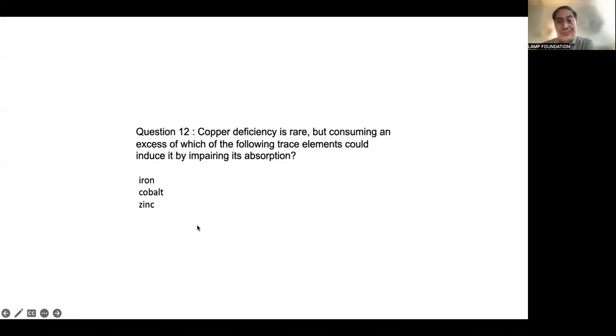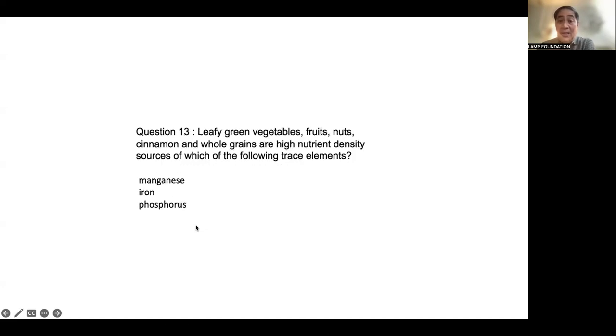Rare, but consuming an excess of which of the following trace elements could induce copper deficiency by impairing its absorption? Zinc. So not too much of zinc. Yes, Doc. Vegetables, fruits, nuts, cinnamon, and whole grains are high nutrient density sources of manganese.